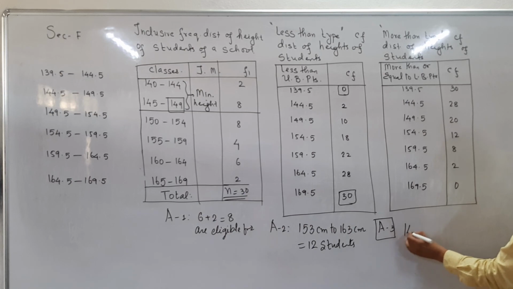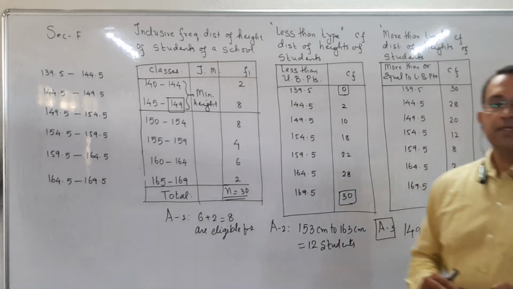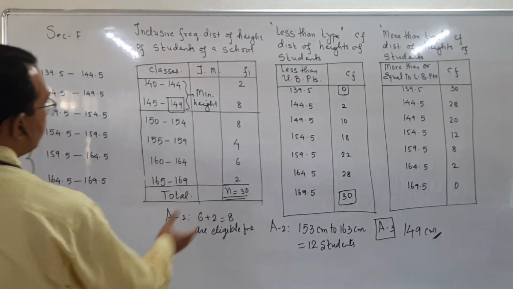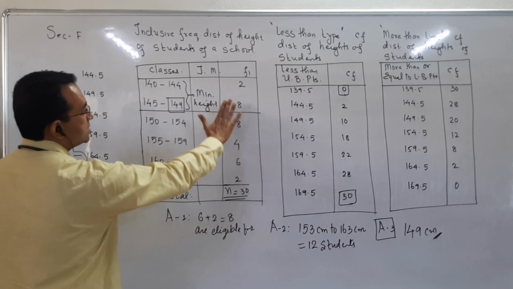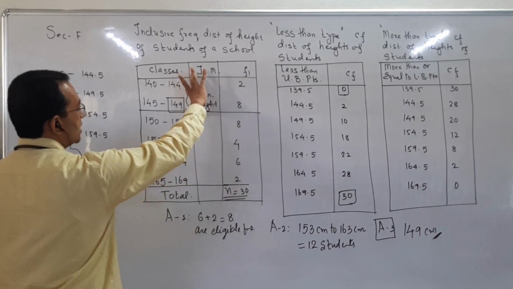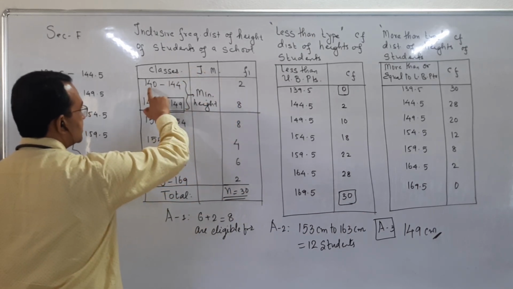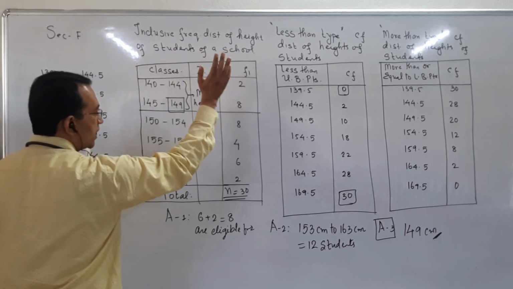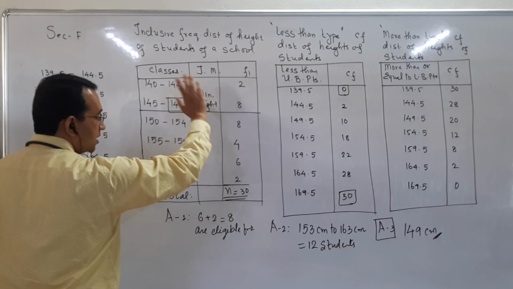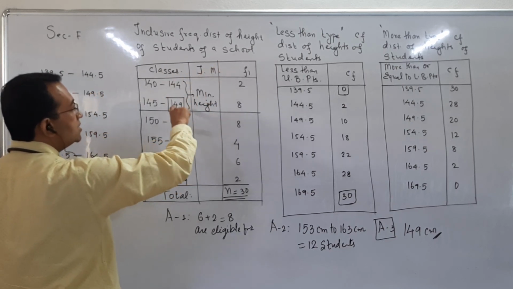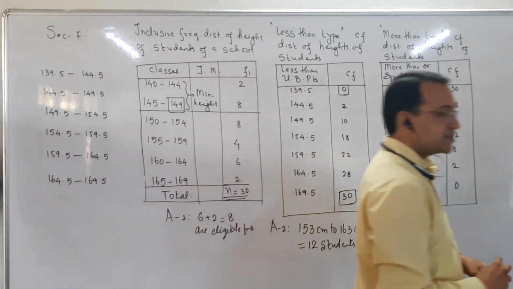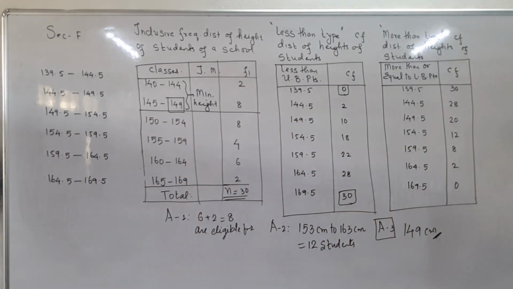So answer 3 is 149 centimeters. This is also a very tricky question. The limits are from 140 to 149, and the maximum height within this range is 149 centimeter.